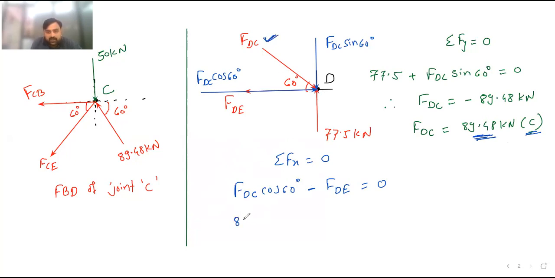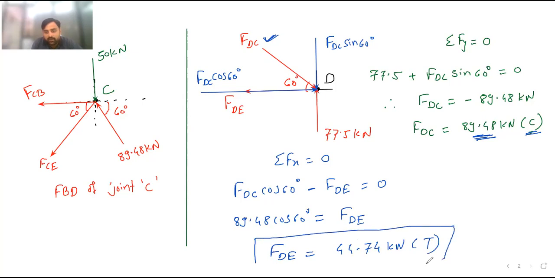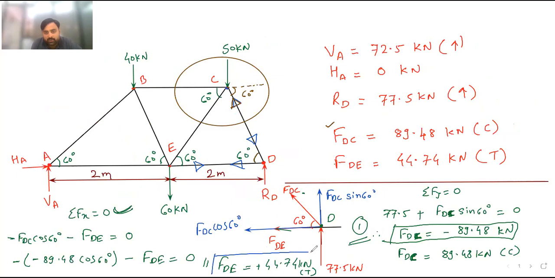So it is 89.48 cos of 60 degree is equal to FDE. If you transfer it to that side, it will be plus FDE. And now if you solve, you will get FDE is equal to 44.74 kilonewton tensile. So check this answer now and check the previous answer. See, same answer you have got over here.